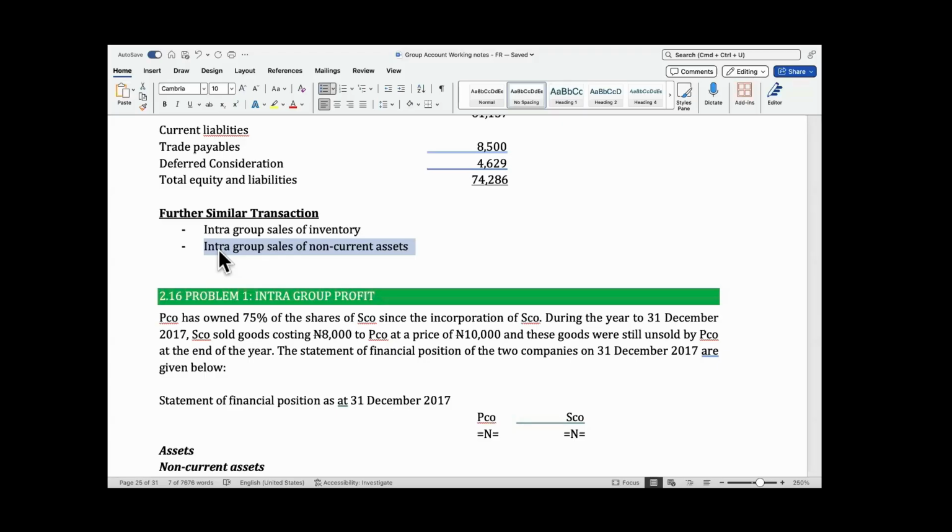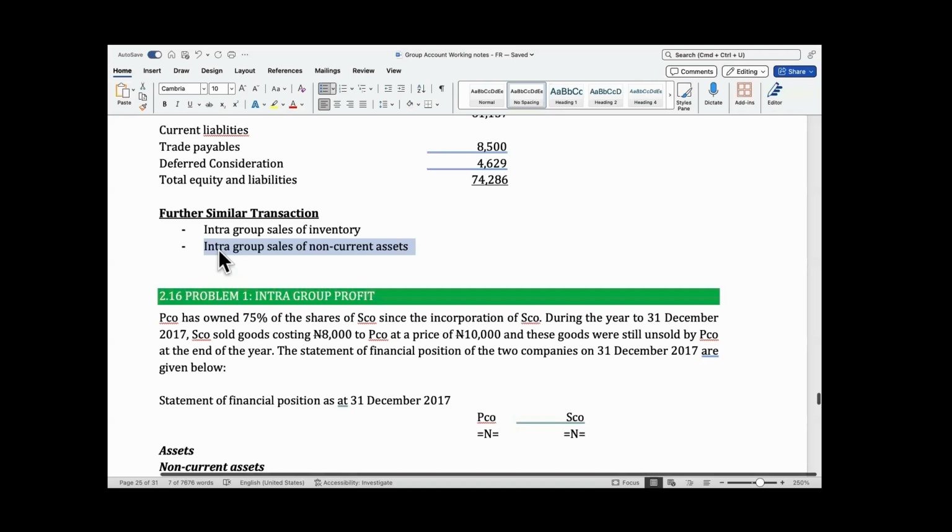He will have acquired it at a profit, and the depreciation will now be based on an amount that has profit loaded. And since we're going to cancel out that profit, that means he has over-depreciated the asset. That means there will be excess depreciation. That excess depreciation also needs to be identified and cancelled out. That is it. That's basically what we want to consider first.